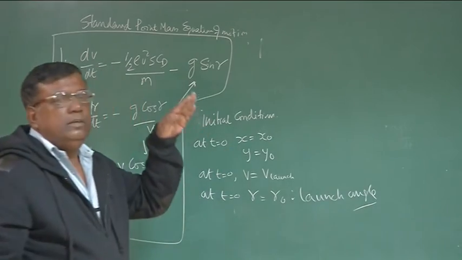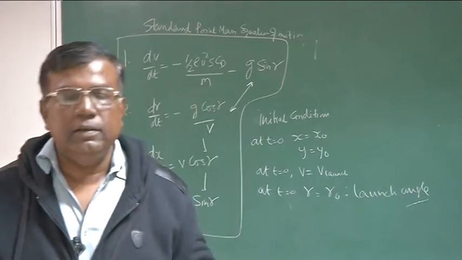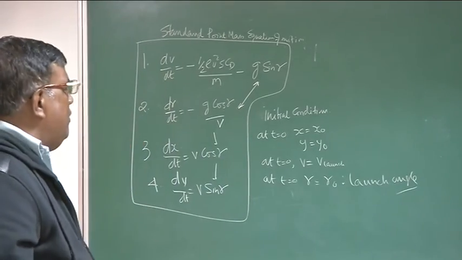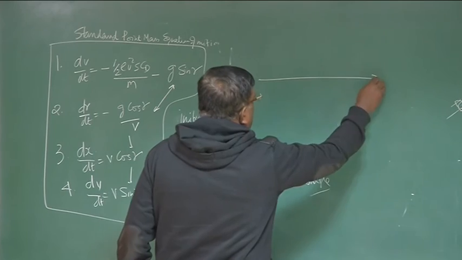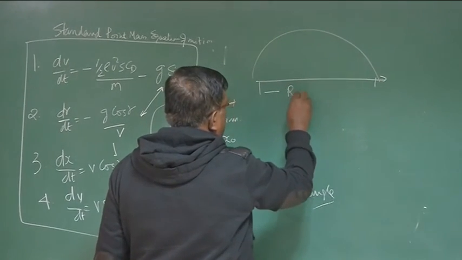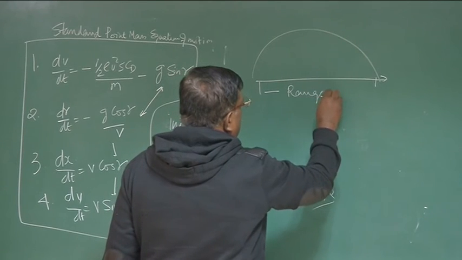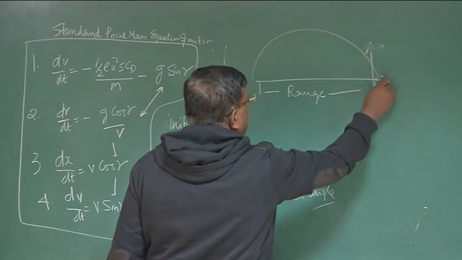At what angle am I launching? 10 degrees, 20 degrees, 45 degrees, 55 degrees, to get different values of x. This value of x, where it is falling, is typically called the range.